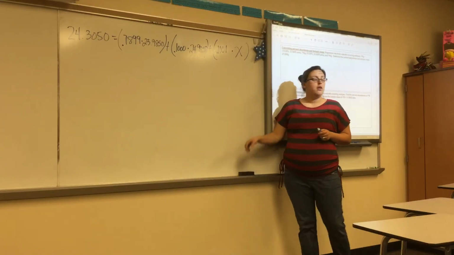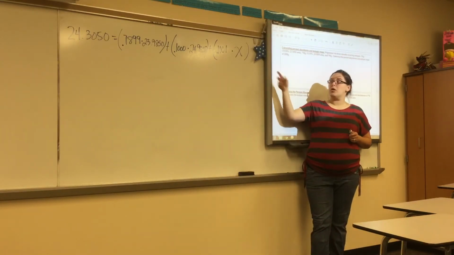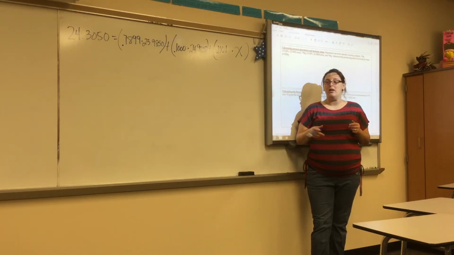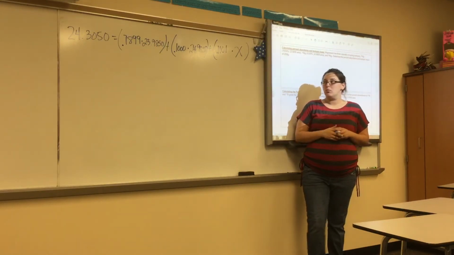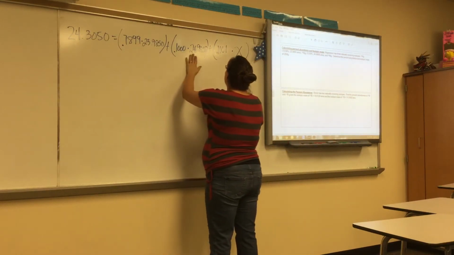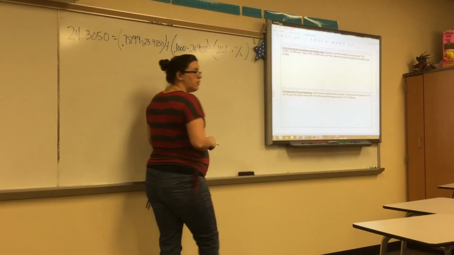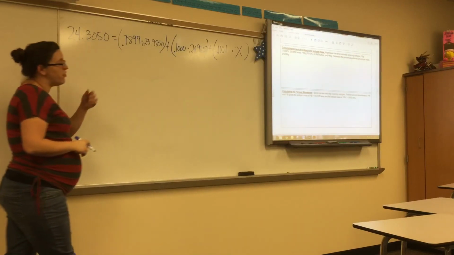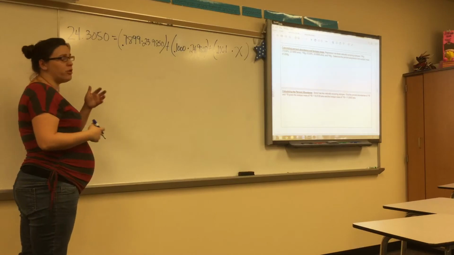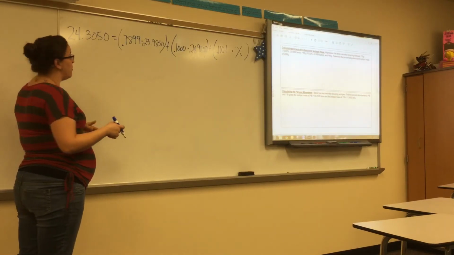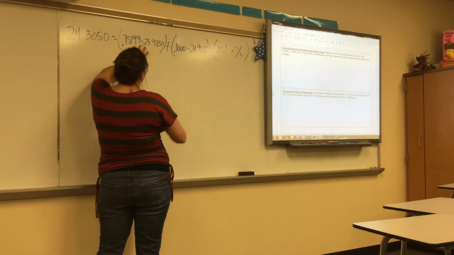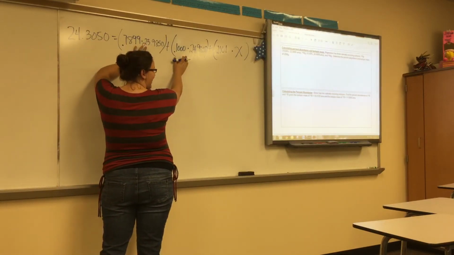Okay? Now, look at your problem. Is that not just a simple algebra problem? Well, it doesn't look simple because there's decimals, but is that not just an algebra problem? We've got a number equals a number plus a number plus a number x, right? So to simplify down to x, we're going to have to do some math here. You can do this multiple ways, but you need to show all steps. Some people will take this number here and this number and go ahead and figure out what that is.